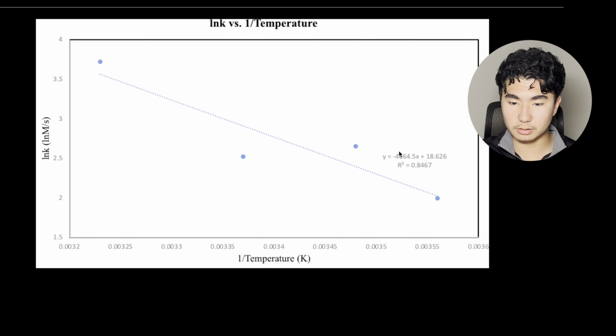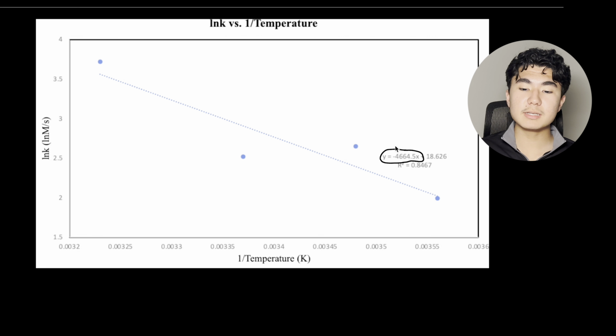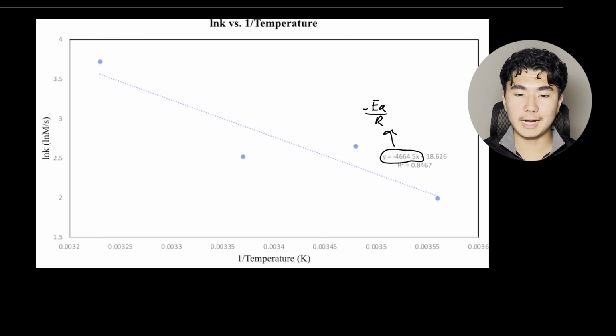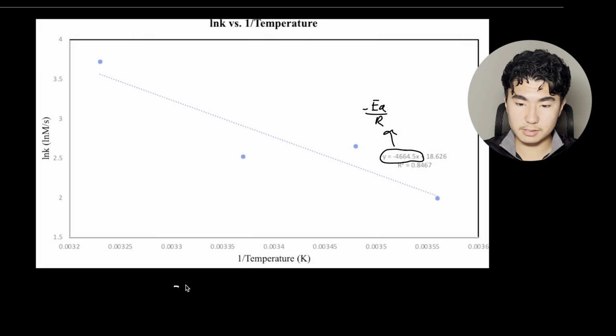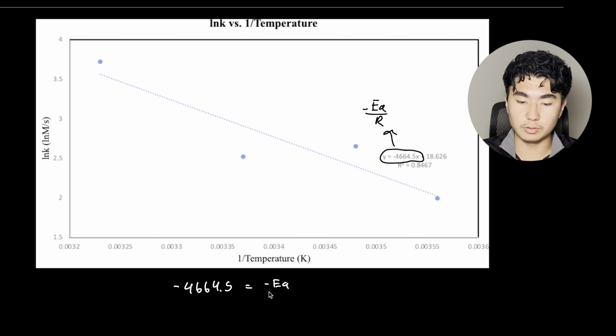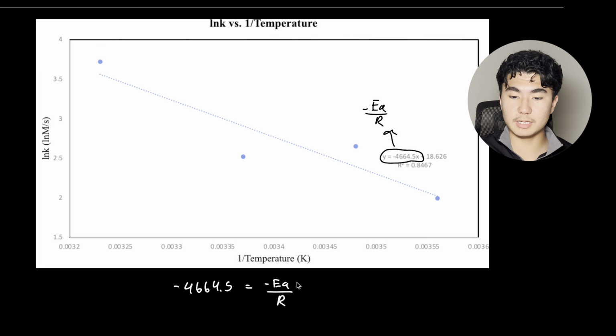This slope is equal to negative activation energy over R. So if you were given this graph, you could solve the activation energy pretty easily. So let's write it over here. Negative 4,664.5 equals negative activation energy over R. And this is going to be in joules.